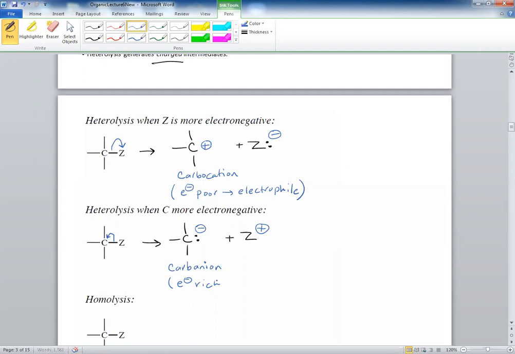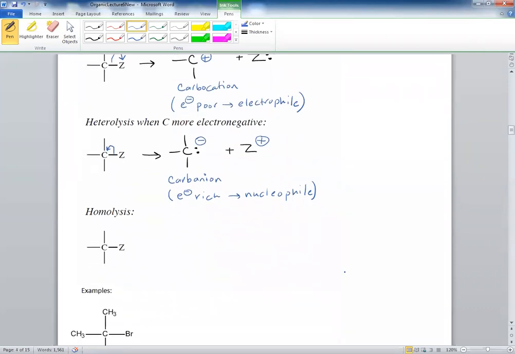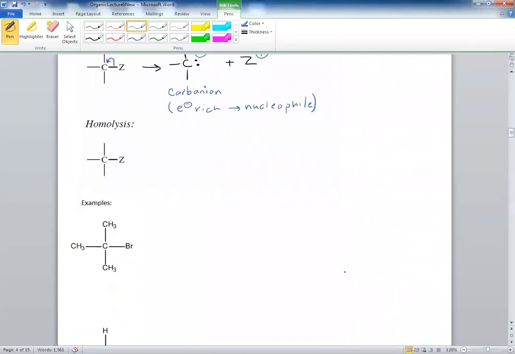It's a negative charge and a pair of electrons. So obviously you should know the name of this. This is what we call a nucleophile. 95% of the chapters that will follow from here in organic 1 and organic 2 are going to be about electron rich to electron poor, electrophiles and nucleophiles. So make sure you have a good understanding of this.